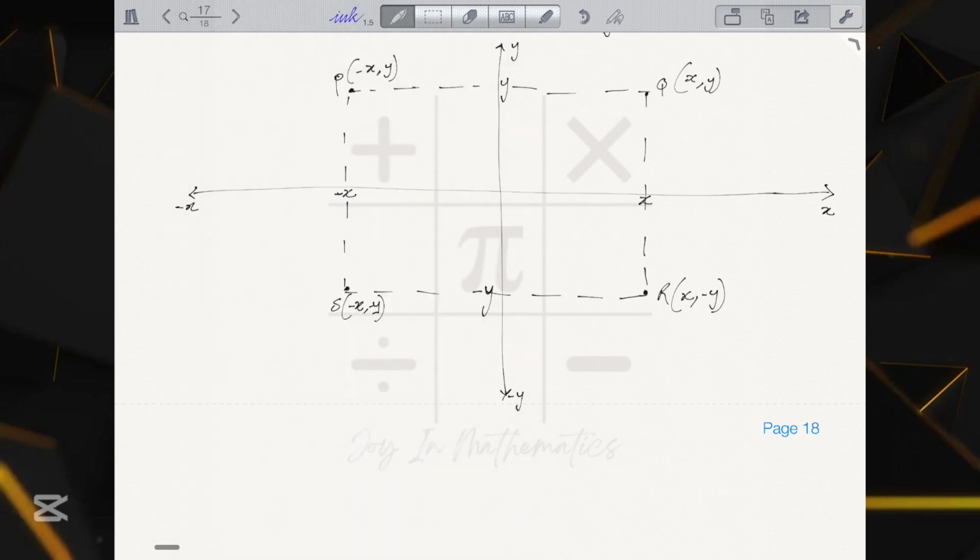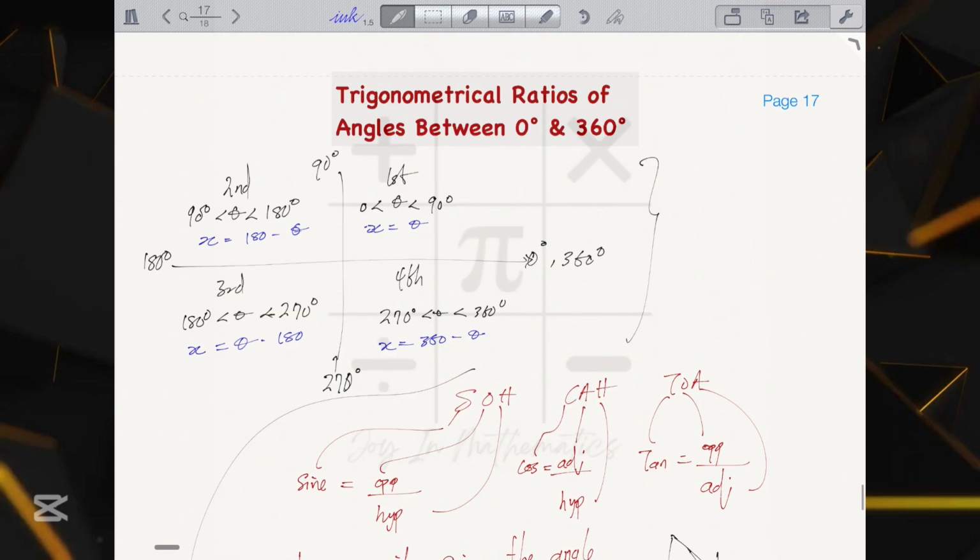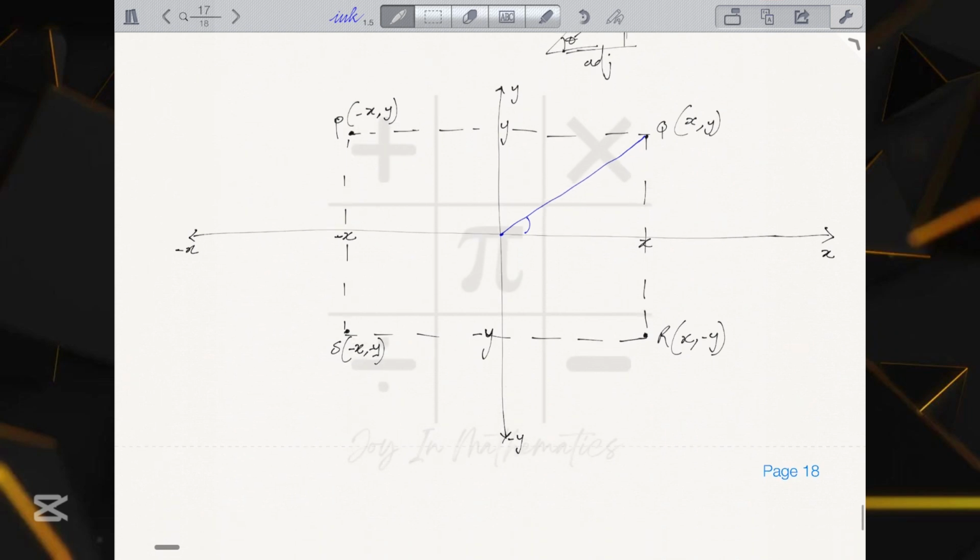Let's begin with the first quadrant. Remember, in the first quadrant, the acute angle represented is x equals theta. Just like we have here, x is equal to theta. So we say the acute angle here is simply theta.